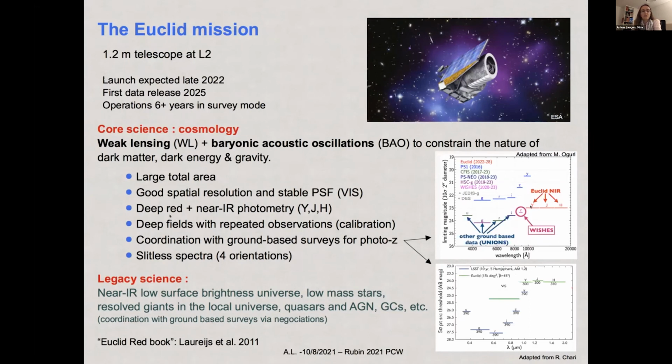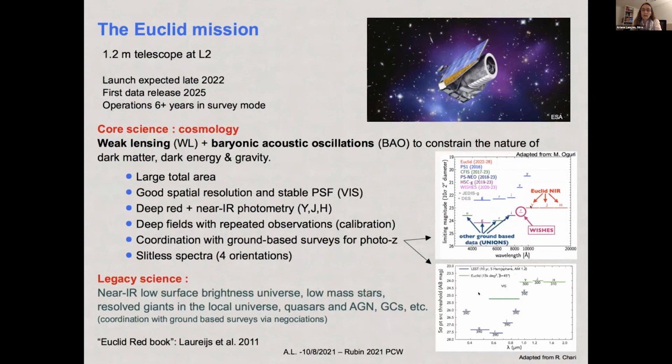It should include some deep fields with repeated observations, so you could have a long-term calibration over the 6 years of the survey. It should be coordinated with ground-based optical surveys so that photo-zs will be precise. And it should include a slitless spectrograph to recognize objects and measure spectroscopic redshifts.